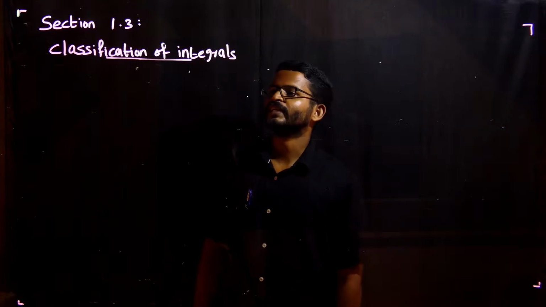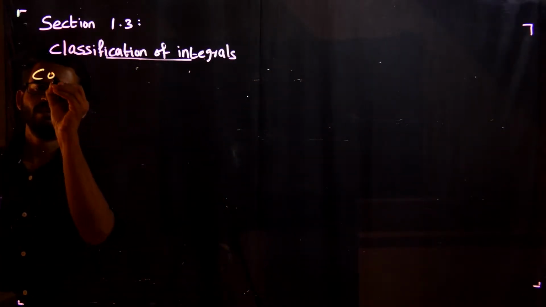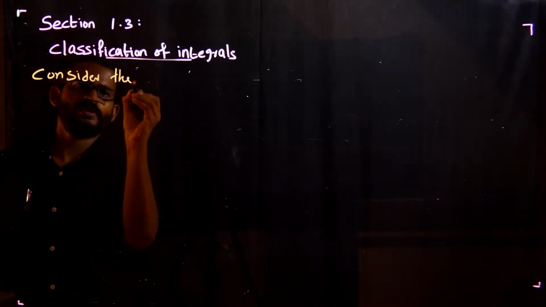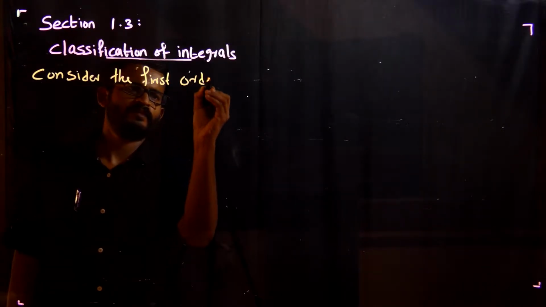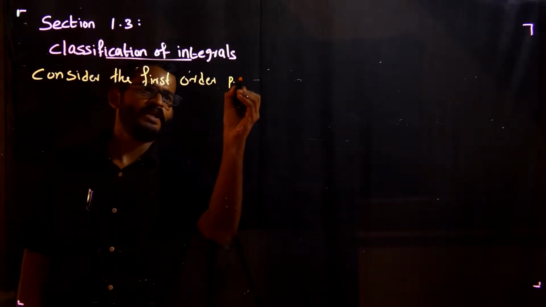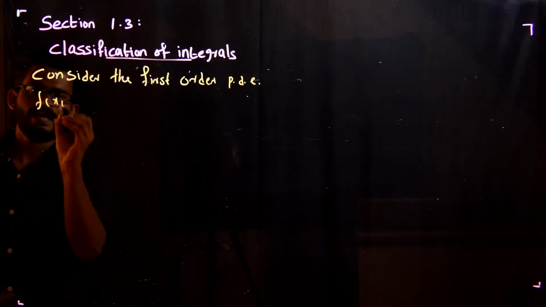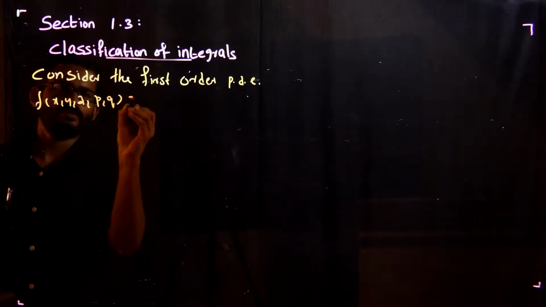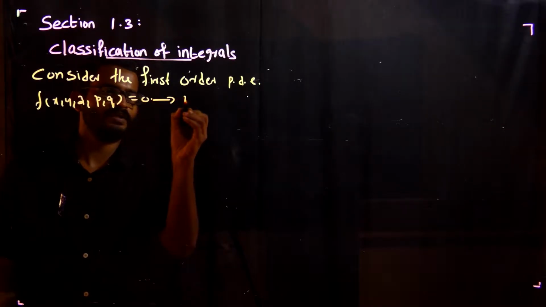Section 1.3 Classification of integrals. Consider the first order partial differential equation f of x, y, z, p, q equal to 0 and mark it as equation number 1.